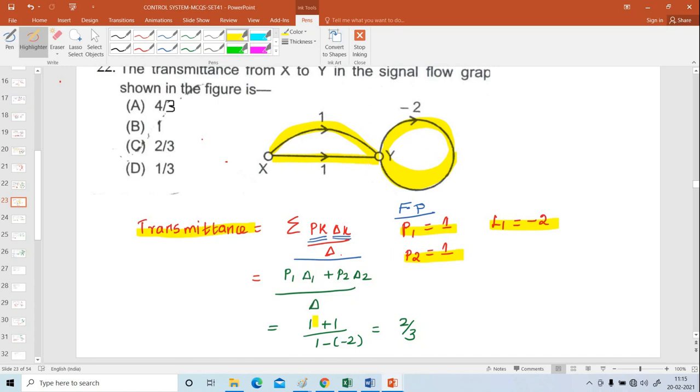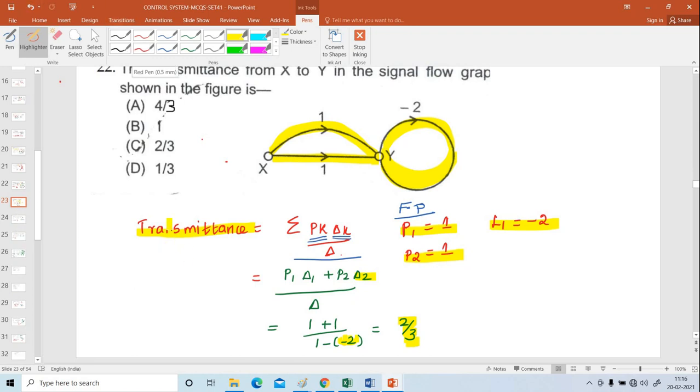So delta 1 equal to 1 minus 0. Delta 2 is also 1 minus 0. So 1 plus 1 divided by 1 minus the sum of individual loops. Only one loop is available, that is minus 2. 1 minus of minus 2 is plus 2. So 2 divided by 3 is the correct answer.